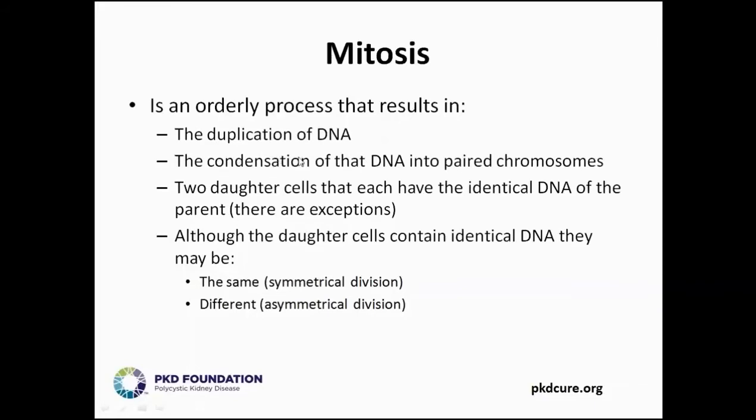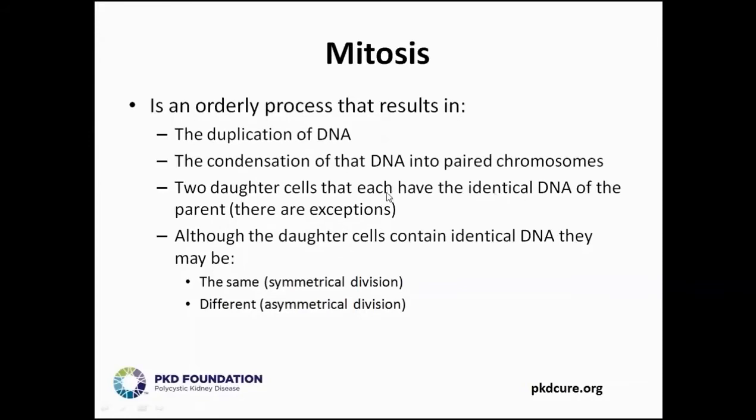By condensation, I'll show you some images of what that means, but normally your DNA exists as sort of a scattered string, and condensation means that it tightens up into what looks like chromosomes, and I'll show you what those chromosomes look like. The result of this is two daughter cells that each have the same DNA as the parent cell.